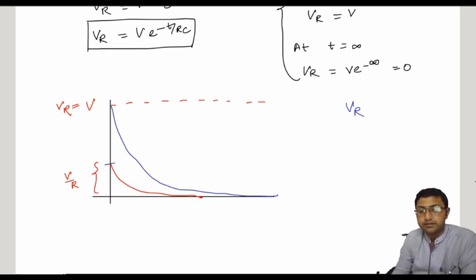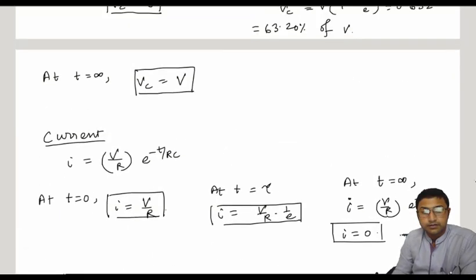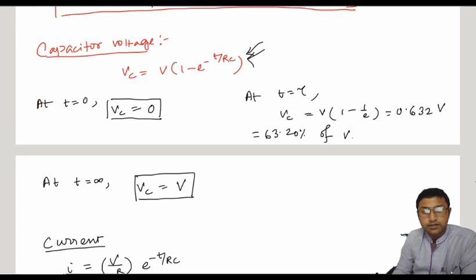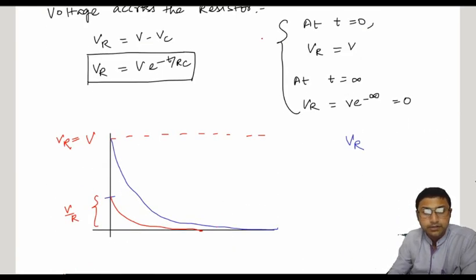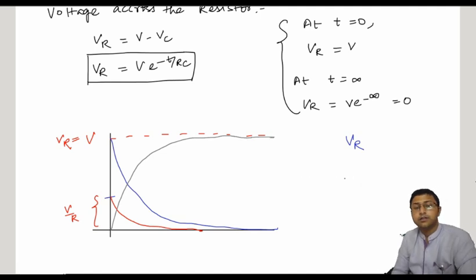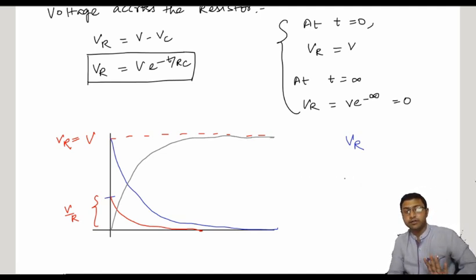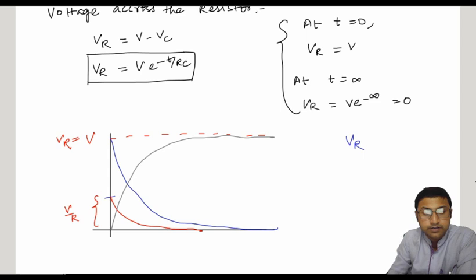And the last thing is the capacitor voltage. The capacitor voltage starts from 0 volt and finally reaches the supply voltage V. Very simple. If I take a different color, it starts from 0 volt and finally reaches the final value of V, the supply voltage. So VR is the voltage across the resistance.